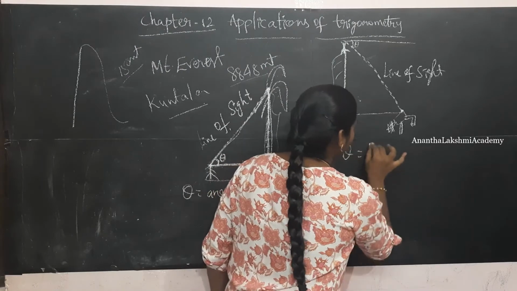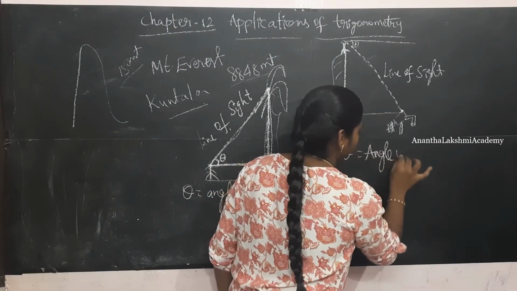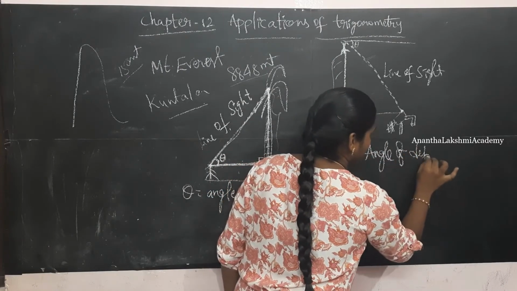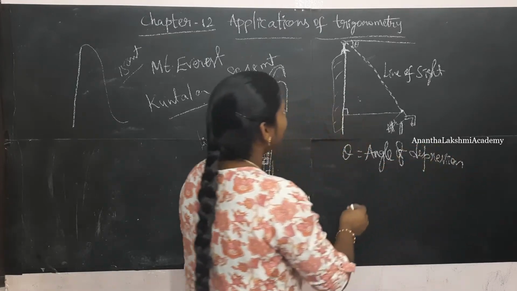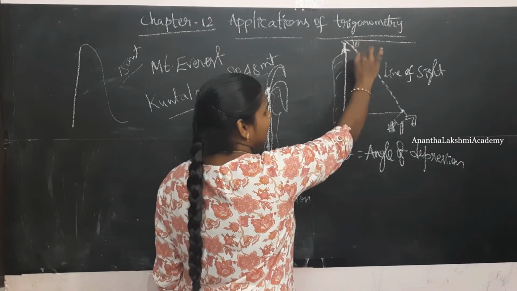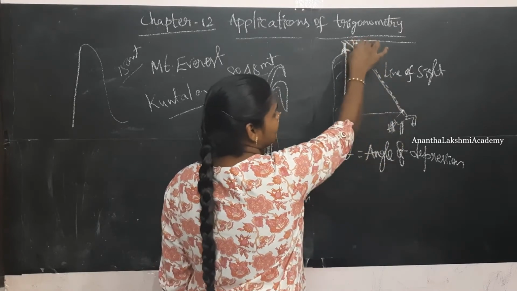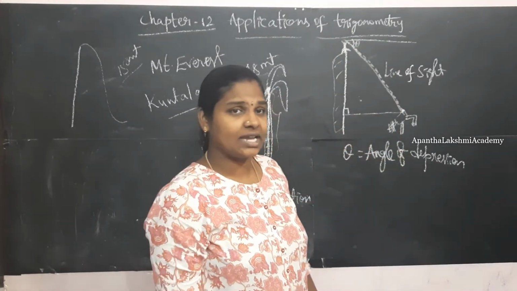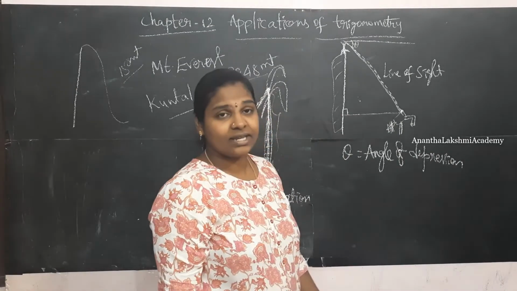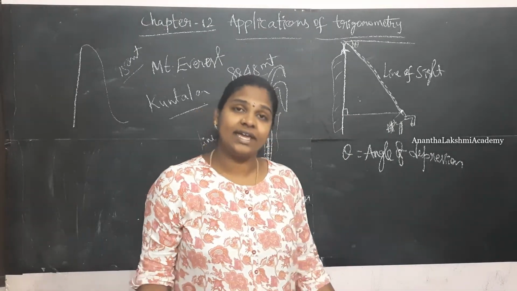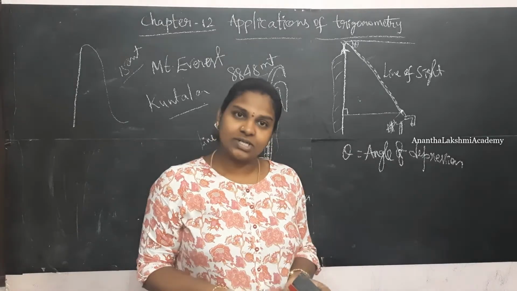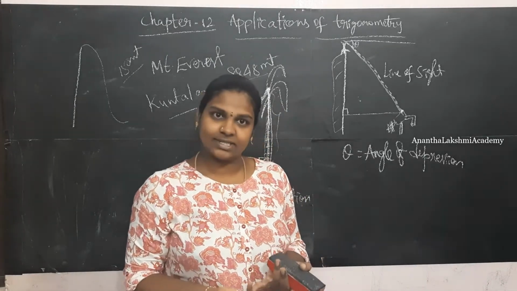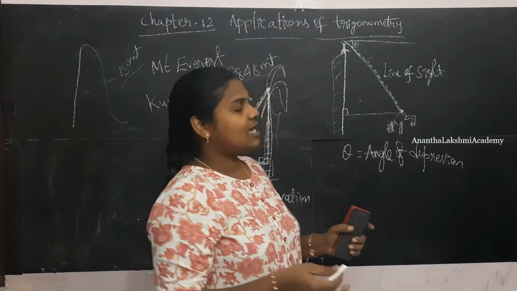Theta, angle of depression. Now this angle is outside of our right angle triangle. How do we measure anything? Unless we have a theta or an angle within the right angle triangle, only then we can use the trigonometric ratios and figure out the heights or distances. So what do we do for this?